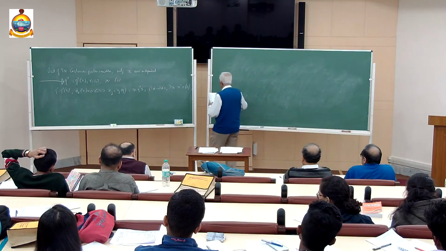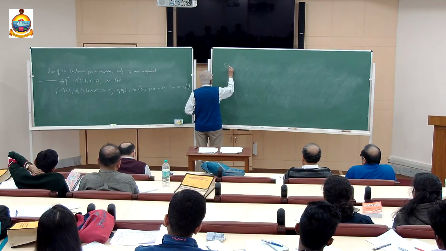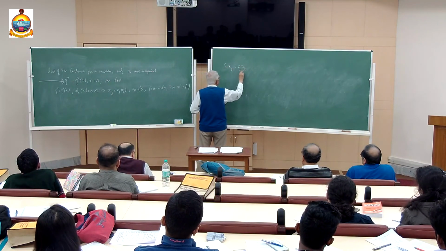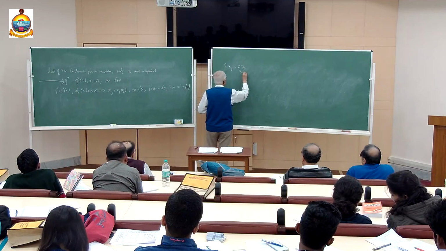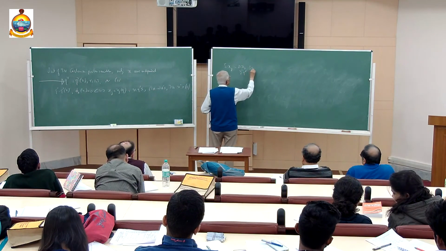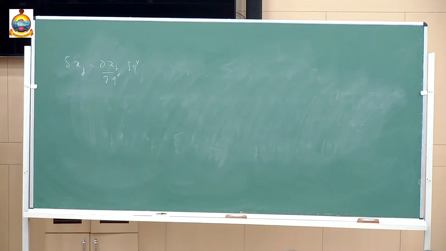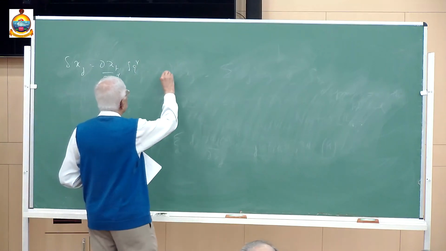Okay. So I will write a few equations which are obvious. The only infinitesimal changes in the x's which can occur in the course of a motion are of this kind. You allow each q to vary as it likes, then the changes in the x's are fixed.